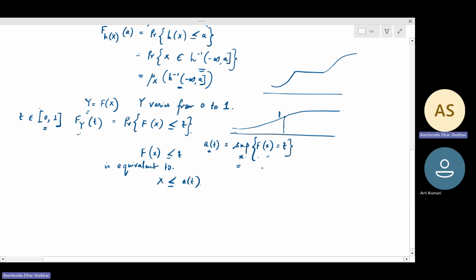And so the probability of x being less than or equal to a of t is equal to t.